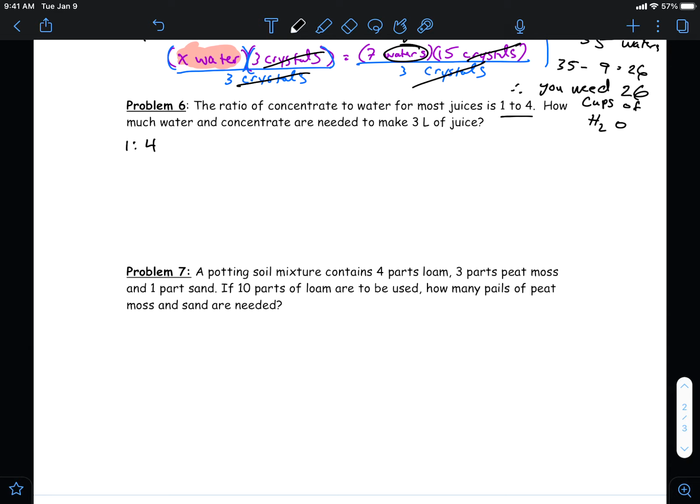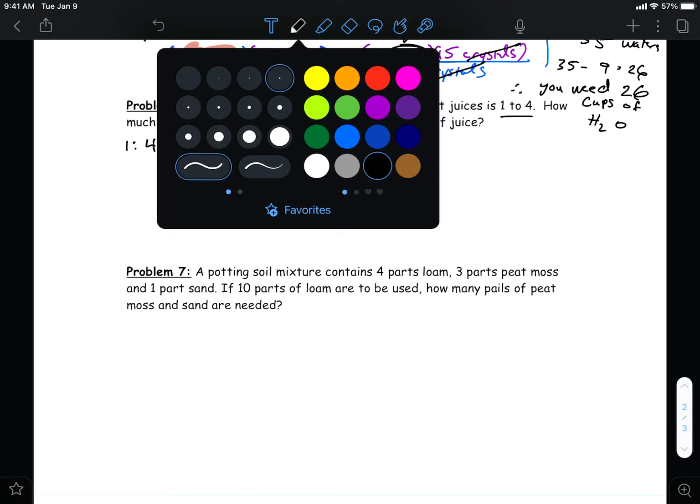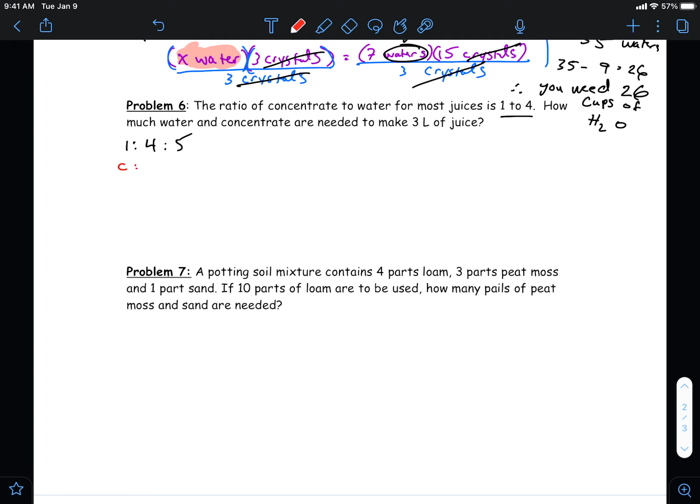So how many parts in total? 5. Okay, so there'd be five things in total, 5 times you're going to pour something into this bucket. So you're going to have a ratio of 1 to 4 to 5, where 1 is the concentrate, 4 is the water, and 5 is the total.